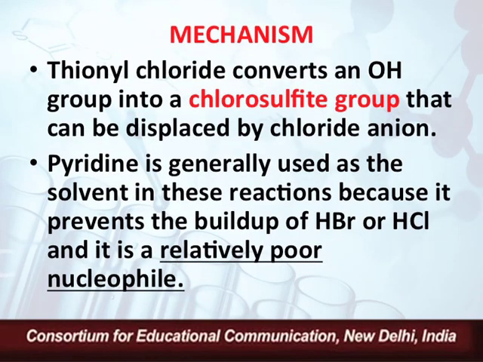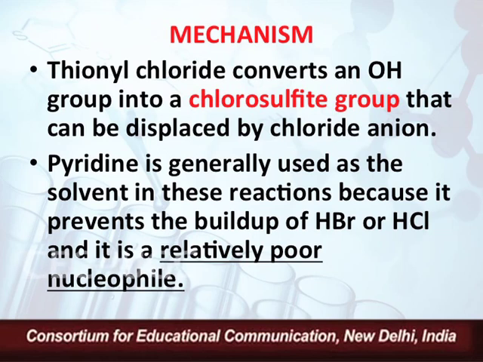If we look into the mechanism of the reaction, what we find is that thionyl chloride converts an OH group into a chlorosulfide group that can be displaced by a chloride anion.